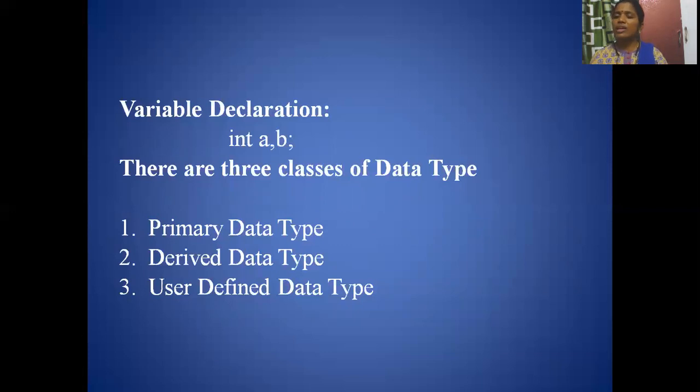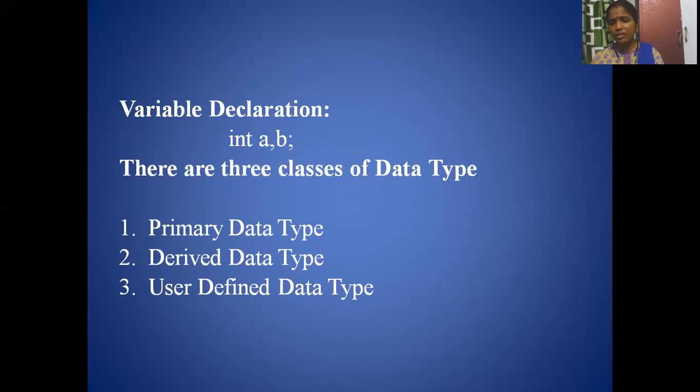In the same way, I will have many other kinds of data types. So with this, we'll move further. The data types are divided into three classes: primary data type, derived data type, and user-defined data type. So let's see the first, primary data type.